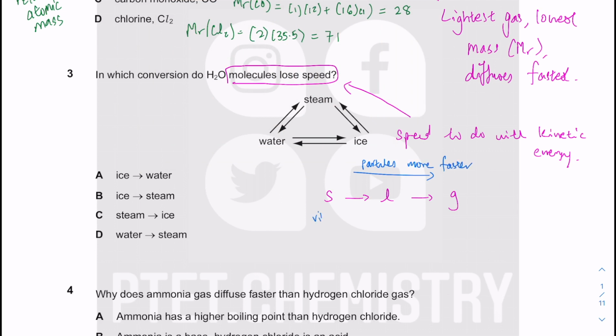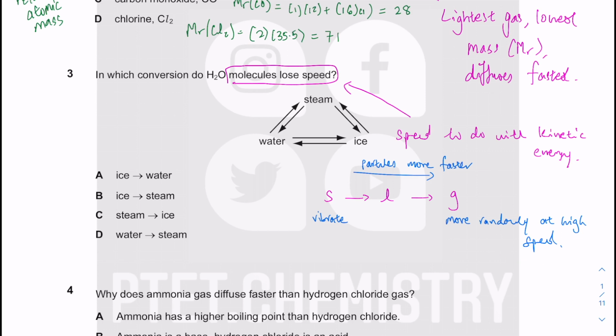Solid particles just vibrate about fixed positions, while gas particles move randomly at high speed. Vibrating about fixed positions is a very slow motion compared to moving randomly at high speed.